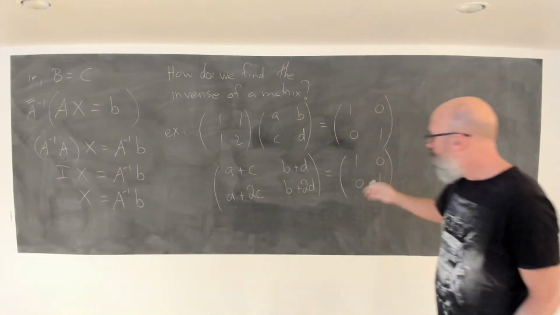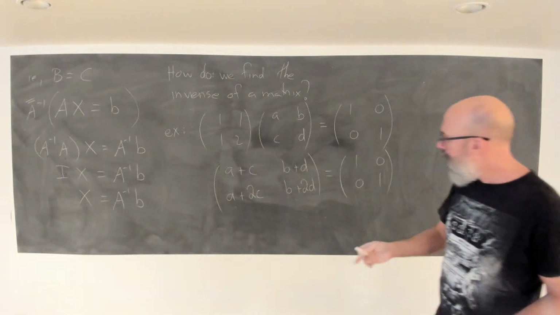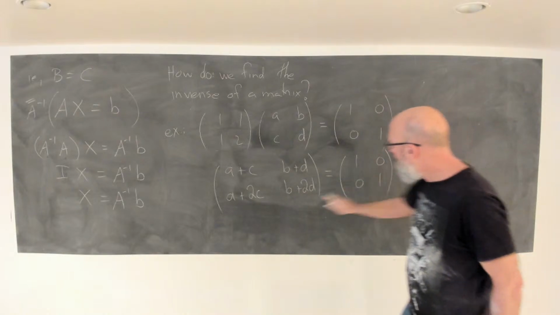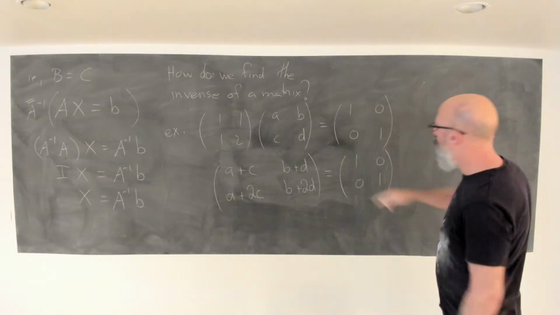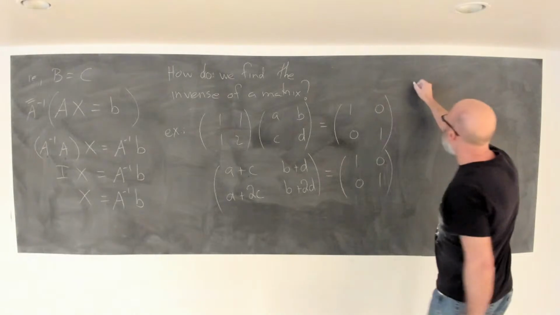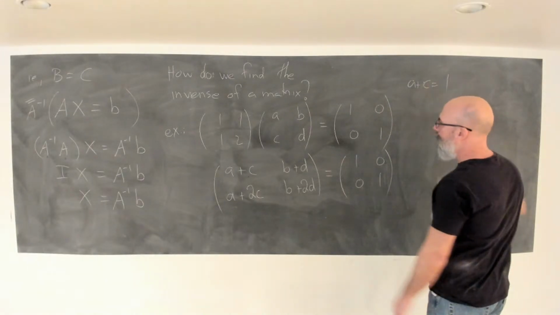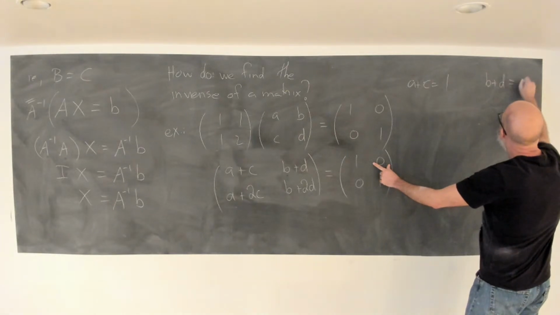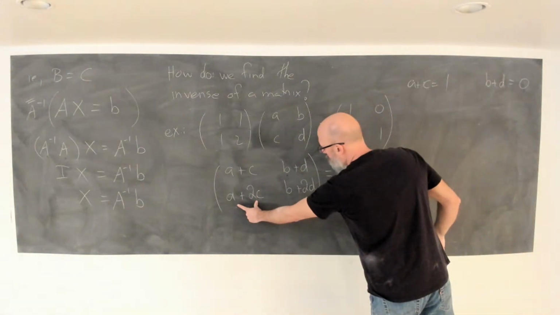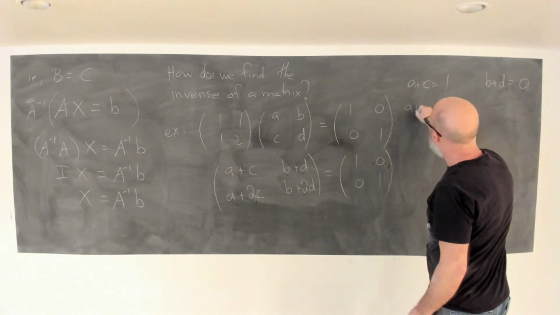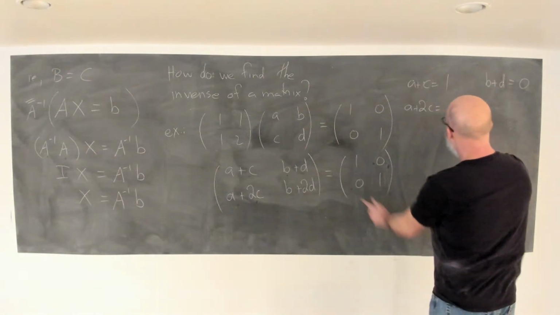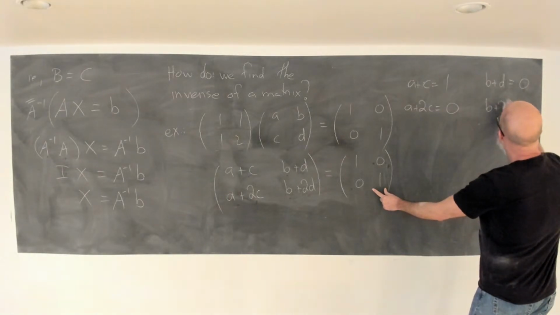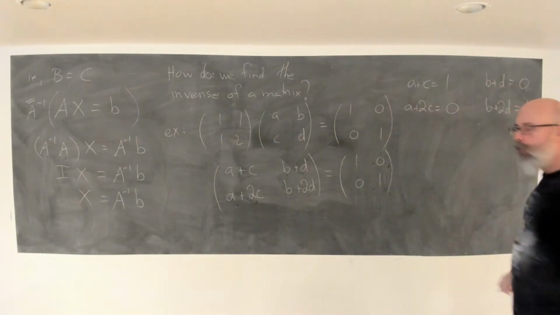These are two 2x2 matrices, and the only way they're going to be equal is if the corresponding entries are equal. So if A plus C equals 1, and if B plus D equals 0, if A plus 2C equals 0, and if B plus 2D equals 1.